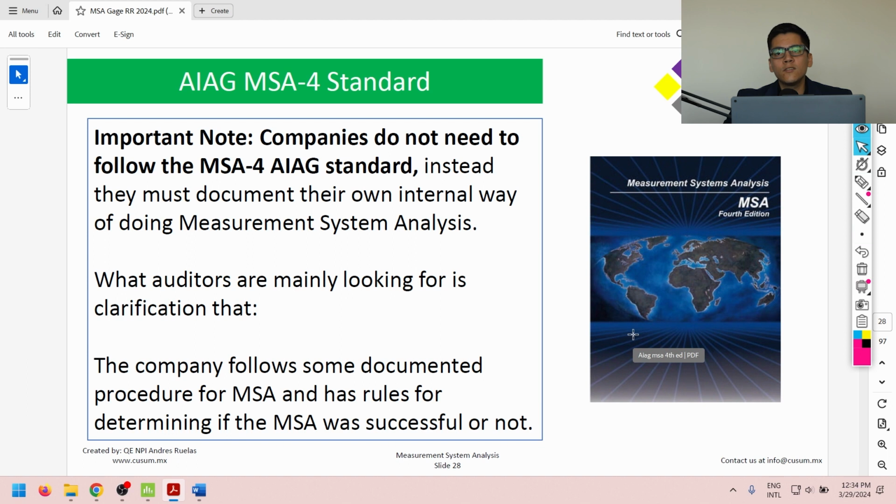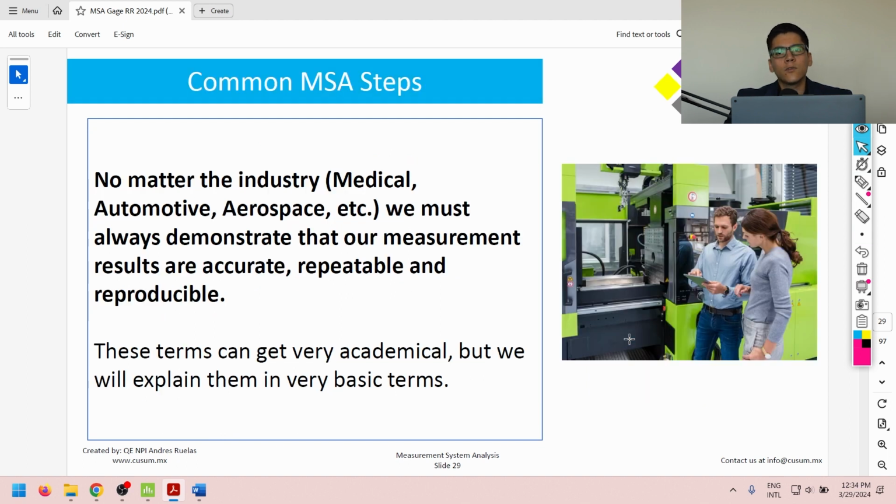Whether the company is using MSA-4 or some other type of international standard, it is perfectly fine, so long as it is properly documented.